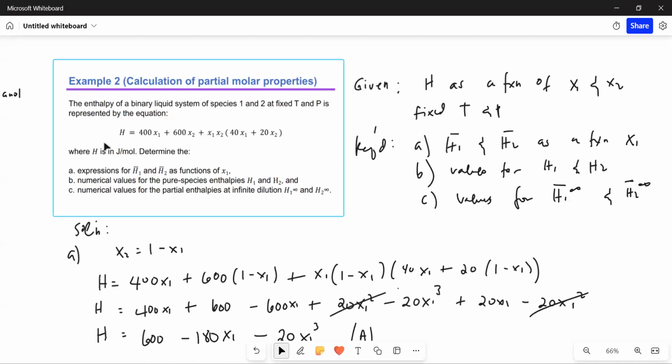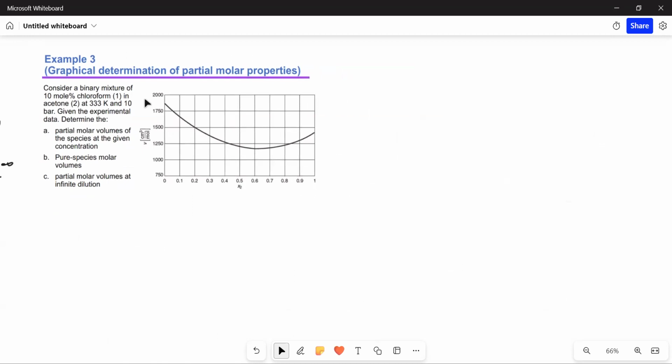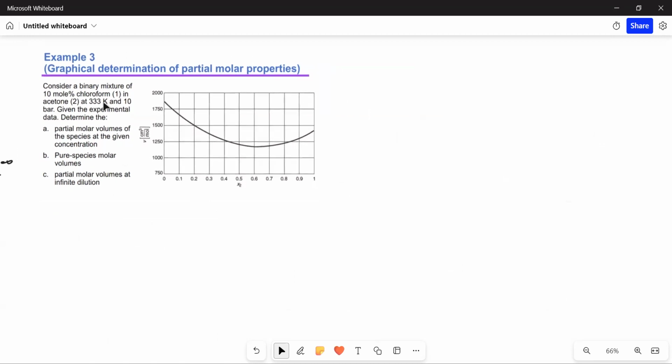Now that we are done solving example 2, which is on the calculation of partial molar properties, let's try to answer the next problem, which is on the graphical determination of the partial molar properties. We are given a binary mixture of 10 mole percent chloroform, which is species 1, and acetone, species 2, at 333 Kelvin and 10 bars.